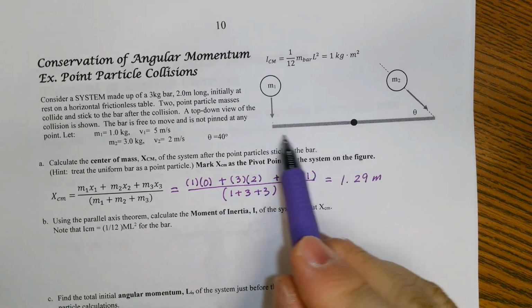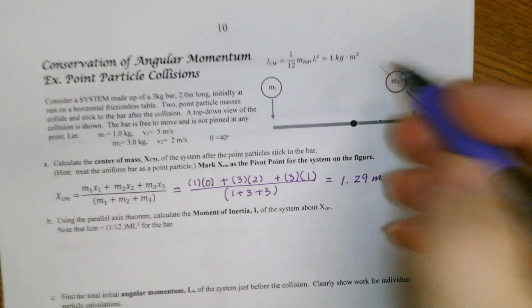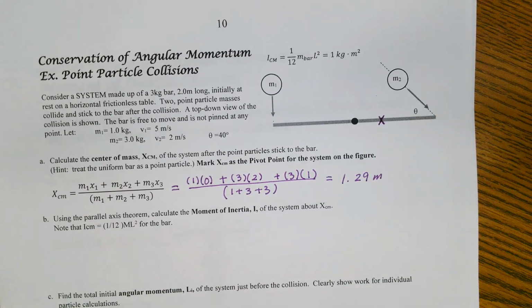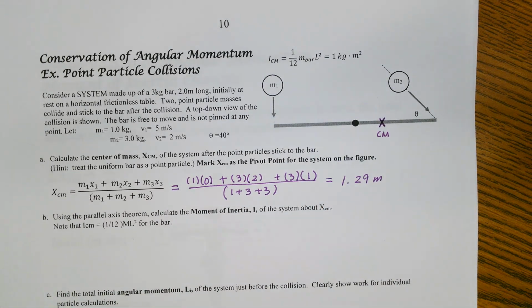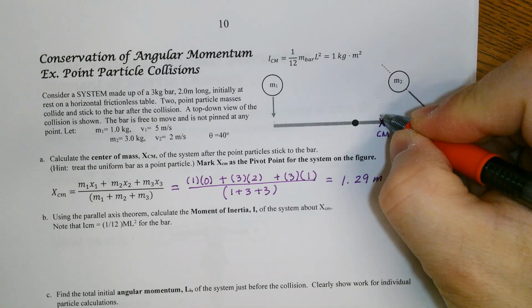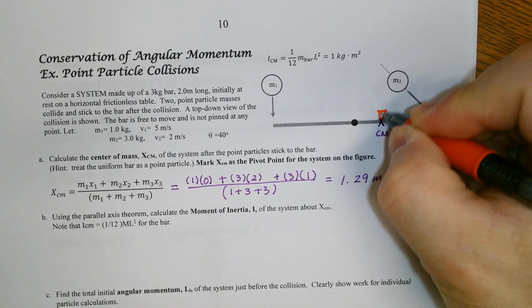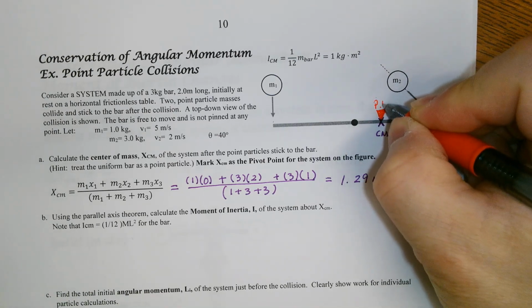That means my center of mass is going to be somewhere around here. And that would be my pivot point of the whole system after the collision. So this will be my pivot point.